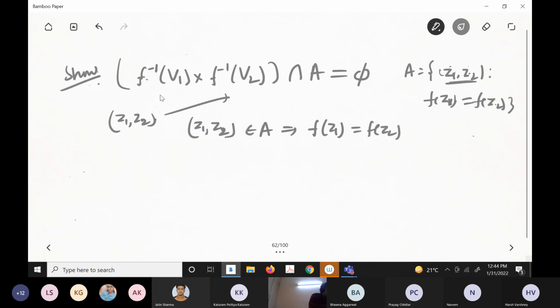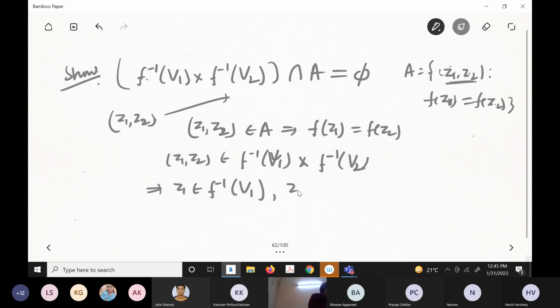On the other hand, z1, z2 belongs here in this, implies z1 belongs to f inverse v1, z2 belongs to f inverse v2, implies fz1 belongs to v1, fz2 belongs to v2.